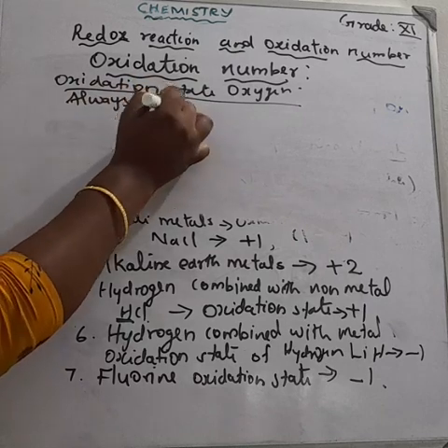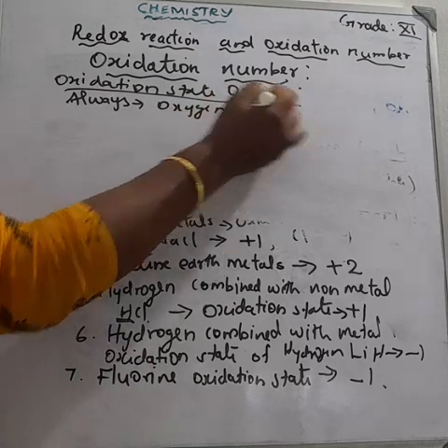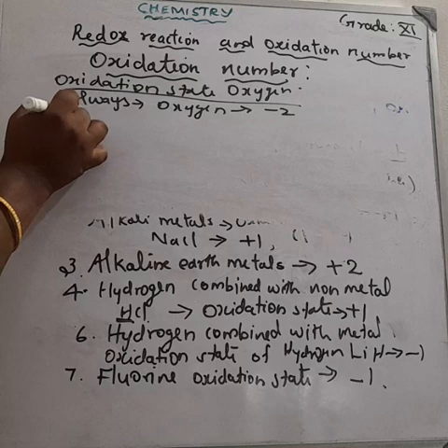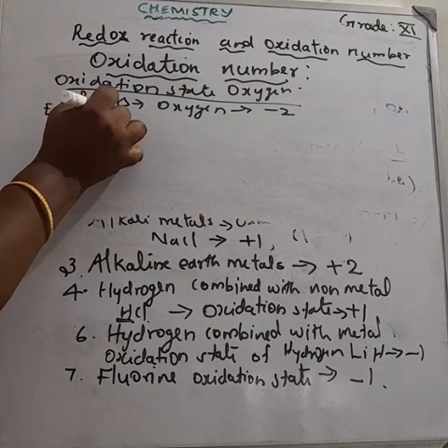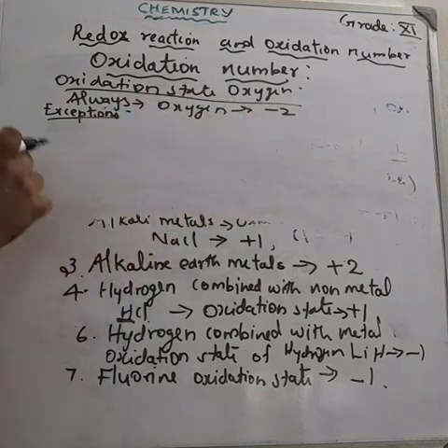But in some cases, some exceptions are there. What are the exceptions? Important. You have to understand this. Usually the oxidation state of oxygen is -2, but some exceptions are there.